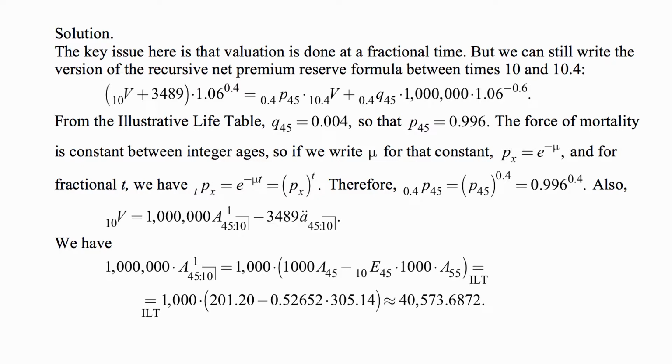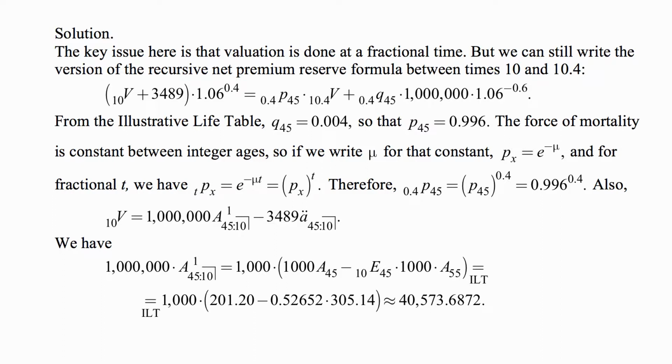So 0.4 of a year into that year is 0.4 p45 times the reserve at time 10.4, plus for those who die, the probability of dying is 0.4 q45. A million death benefit will be paid at the end of the year. So we need to discount that payment from the end of the year to time 0.4 by multiplying it by 1.06 to the negative 0.6.